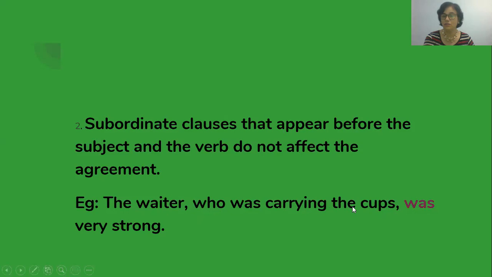Now, even though the clause is here and there is a plural word here, cups, we don't have to look at this word. We have to look at what the subject is before deciding what verb to use. So the waiter who was carrying the cups was very strong. Not were very strong, because we're not looking at cups.